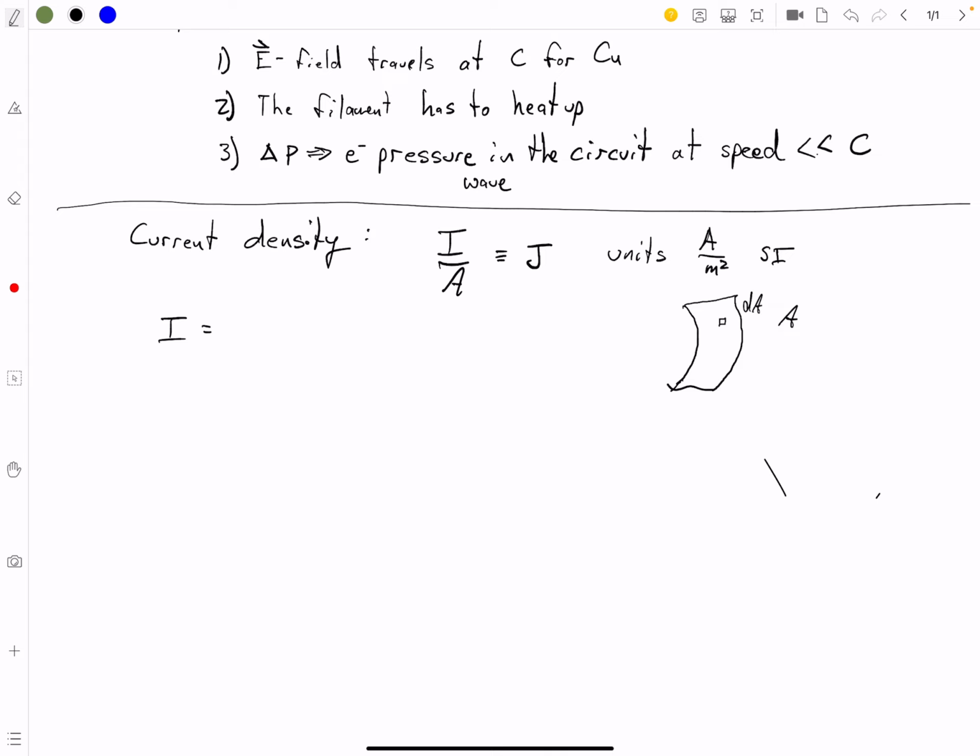And so we can do the integral of J dot dA over this area here, and we will get our total current through the area. Okay? So that's what current density does for us. All right? And you're like, great, thanks. Another integral for me to do.